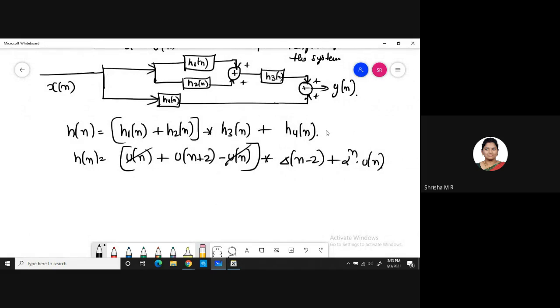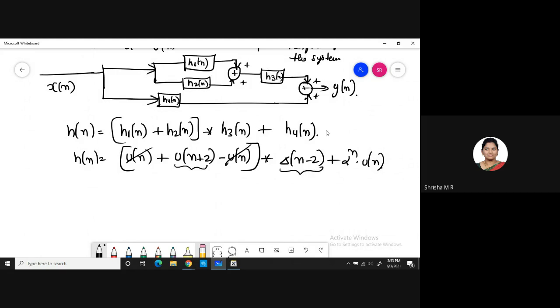So if you convolve this u of n plus 2 with delta n minus 2, what will you have?